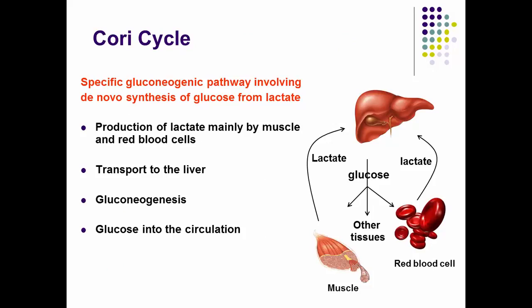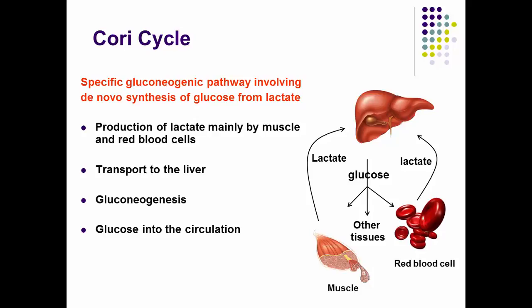Remember. All right, so I just wanted to remind you again, there are two important cycles for gluconeogenesis that relate to muscle, right? For the Cori cycle, you know that the precursor for gluconeogenesis in the liver is lactate, right?